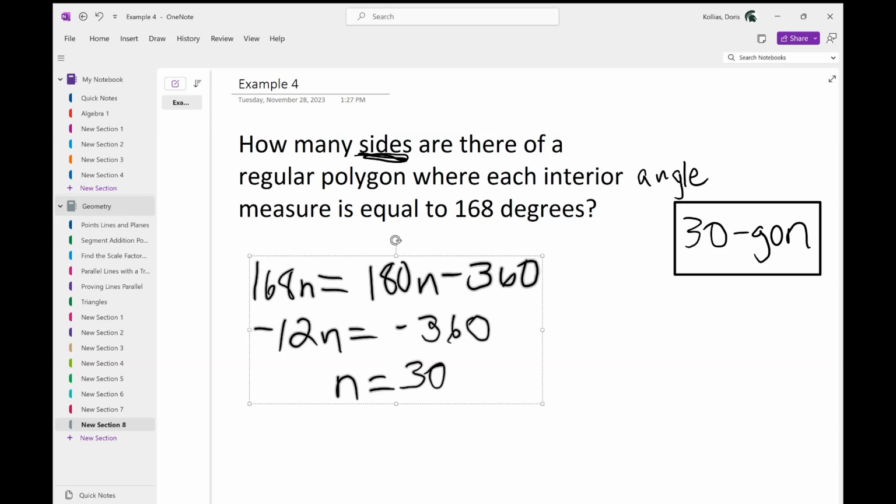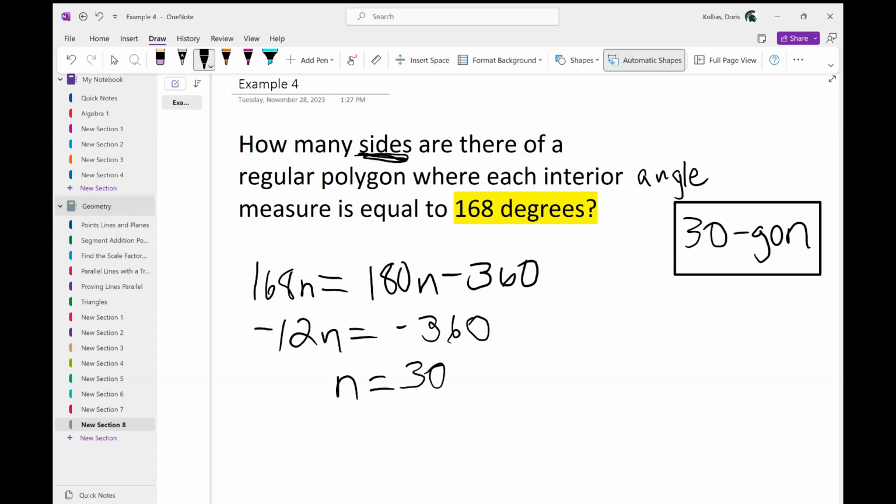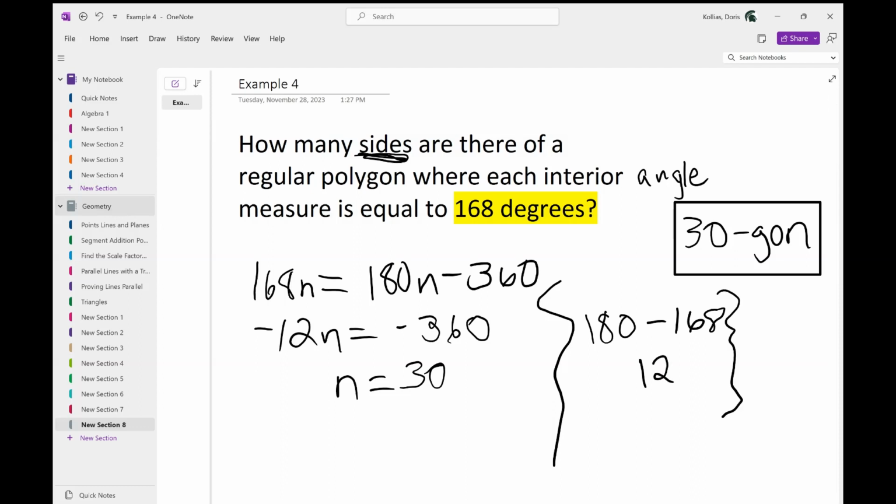So what I'm saying is that the same math here would be to say, all right, I know 168 degrees has a difference of 12 between 180 and 168. So 180 minus 168 is equal to 12.